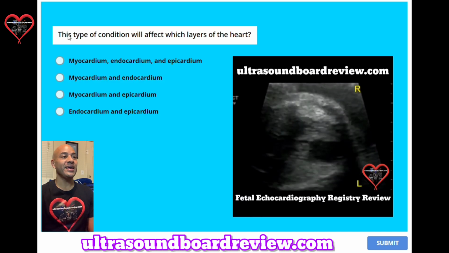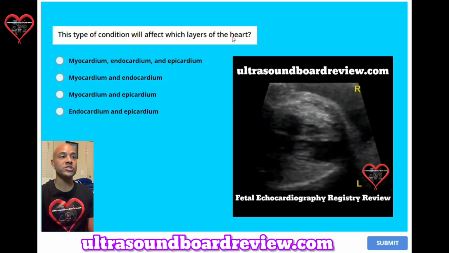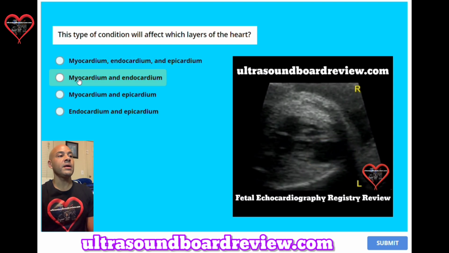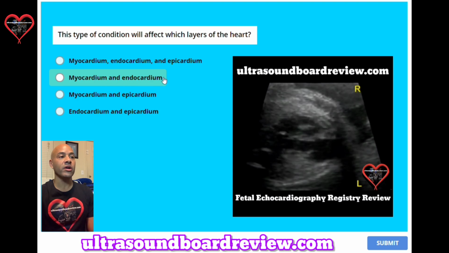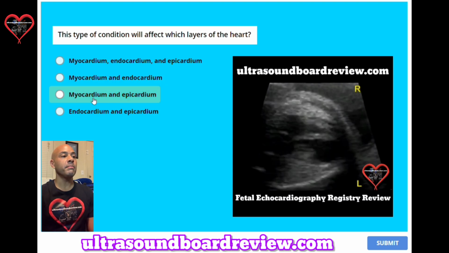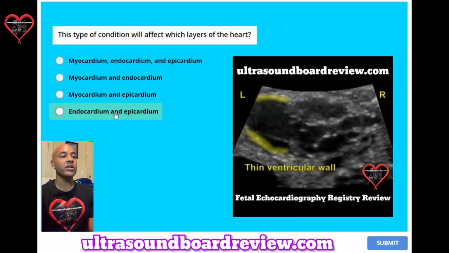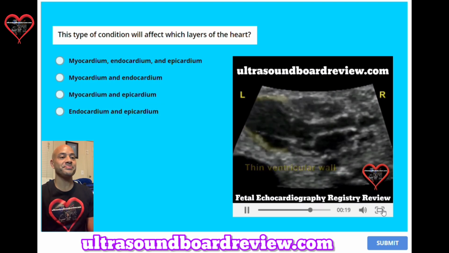Question 74. This type of condition will affect which layers of the heart? A, myocardium, endocardium, and epicardium. B, myocardium and endocardium. C, myocardium and epicardium. Or D, endocardium and epicardium.